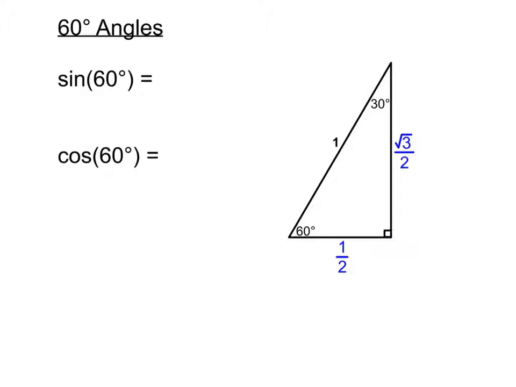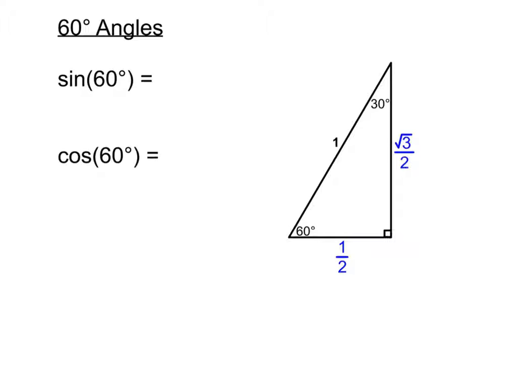And if we know these values, then we can also use them to find out what is sine of 60 and cosine of 60. Now notice I'm using 60 here because 60 is that inner angle. That is the angle where the origin of my unit circle would normally be. Now, if I want to find sine, remember sine is like my y value.